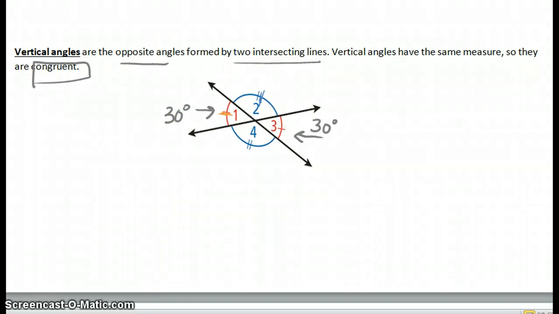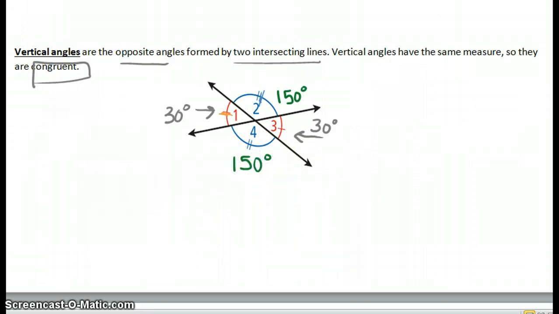So let's now look at angles 2 and 4. 2 and 4 are vertical angles because they're across the intersecting lines. Now it looks pretty obtuse to me, so I'm going to say it's 150 degrees. So if angle 2 is 150 degrees, angle 4 would also be 150 degrees.